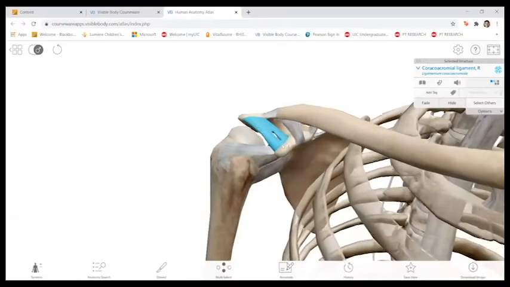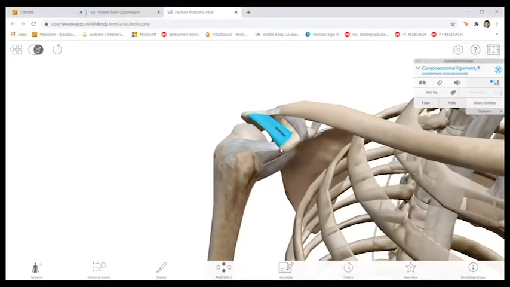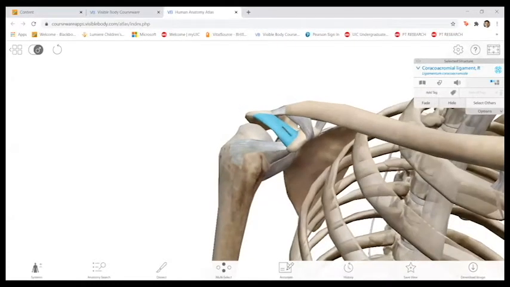Well, there actually is. If you're looking at Visible Body or at the actual bones, we have a coracoid process, acromion, and then the clavicle. We see that the clavicle is the highest, the acromion is second highest, and the coracoid process is the lowest. So in terms of naming, we can go bottom up, from a lower bone to a higher bone.